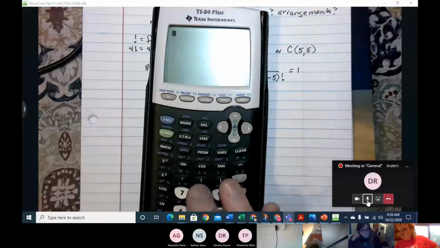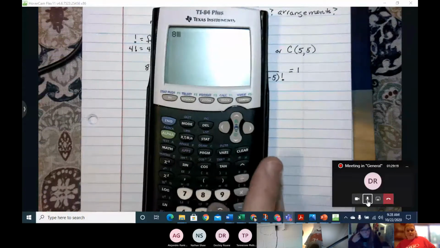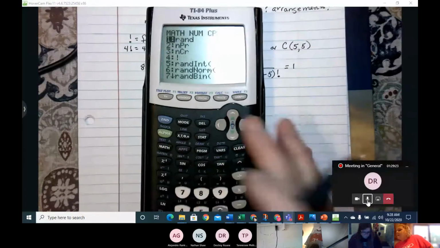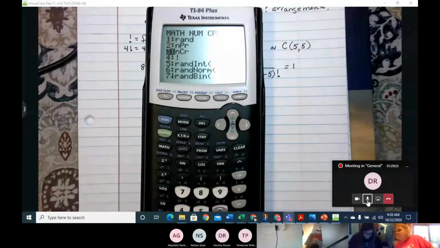In our calculator, that would be putting in the 8 first, math, over to probability and choice 3, 5 ways, and we get 56.